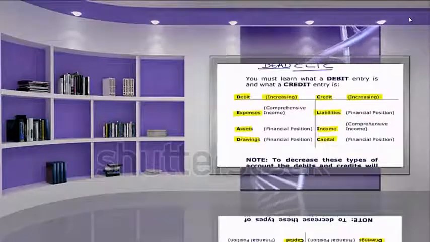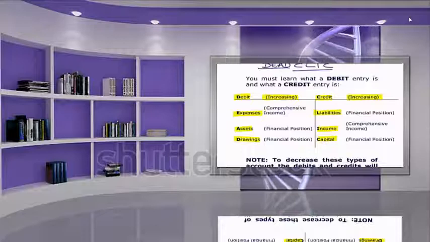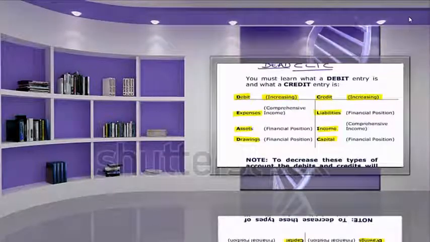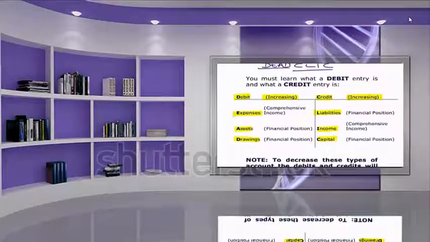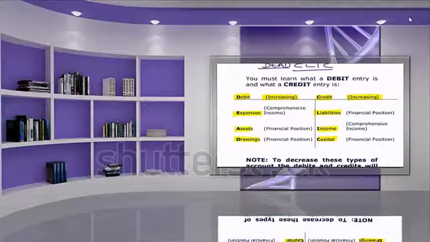Now, you can see that's how we increase the accounts. Well, what about if we decrease them? If you are increasing, let's say, an asset of cash, then that would be a debit entry.